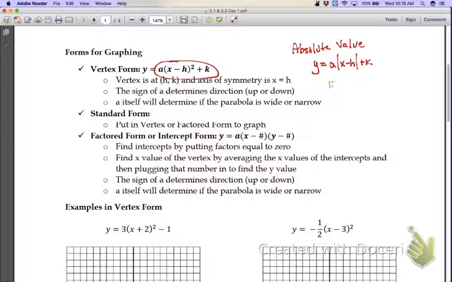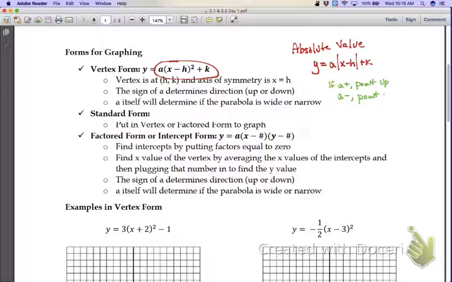So, just like it was before, a couple things you need to remember. If A is positive, which way is the graph going to go? Is it going to be pointing up or down? It's going to point up. What if A is negative? Which way is it going to point? If positive is up, which way is negative? Down.